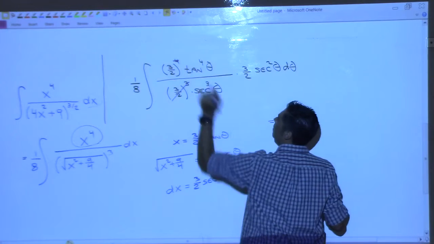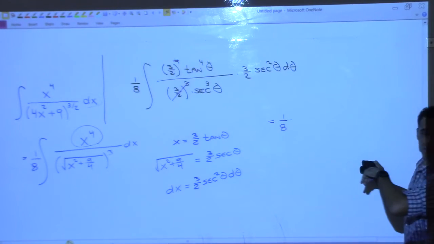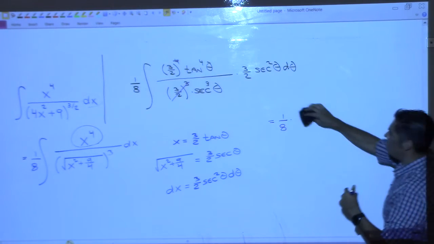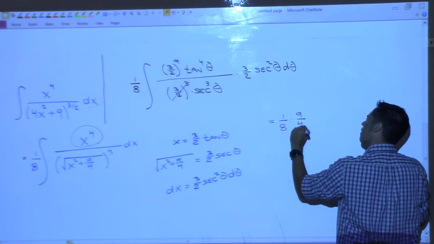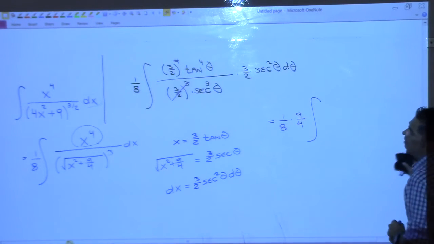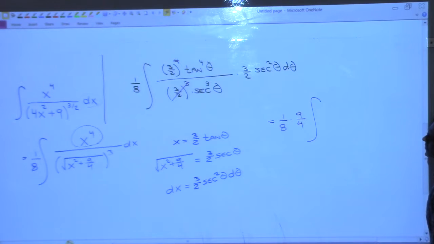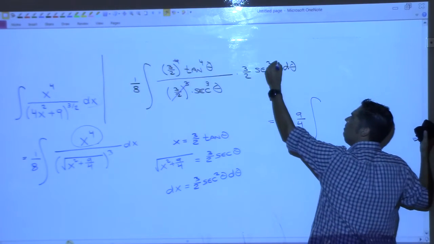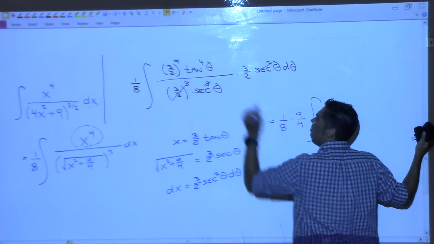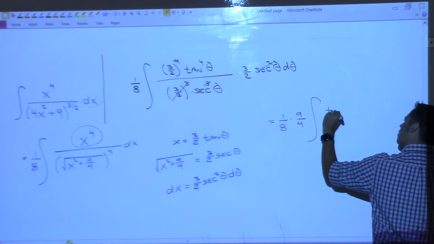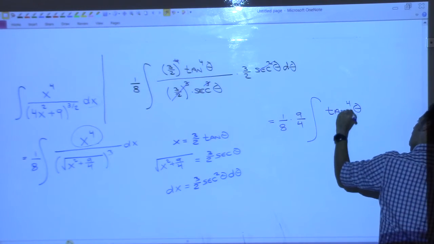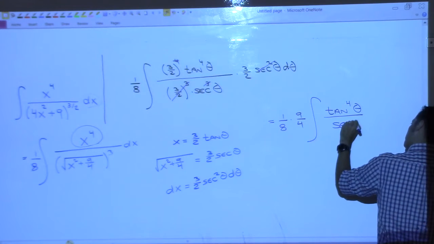And then that one and that one together. 9/4 comes out, so I'll just put 9/4 here. Integral. And then we get some secants to cancel there. Two of those cancel, so I have one secant on the bottom. I've got a tangent to the 4th on top. And I've got a secant on the bottom.